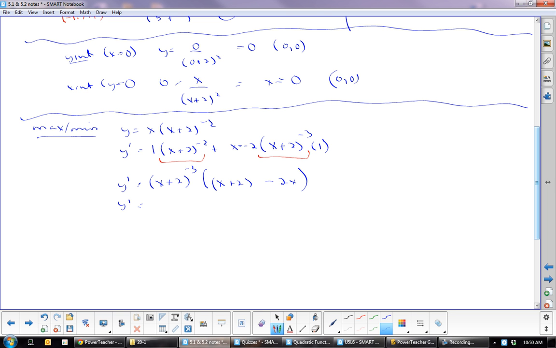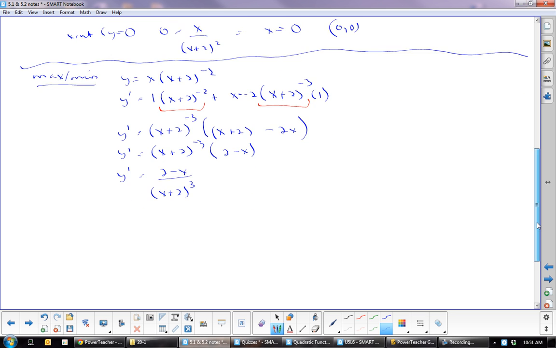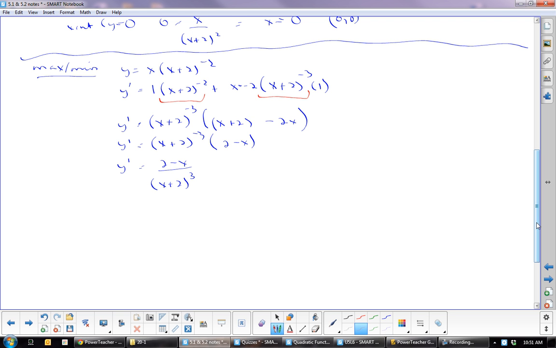So y prime would equal x plus 2 to the negative 3 times 2 minus x, which would equal 2 minus x over x plus 2 cubed. Okay, CVs are where?